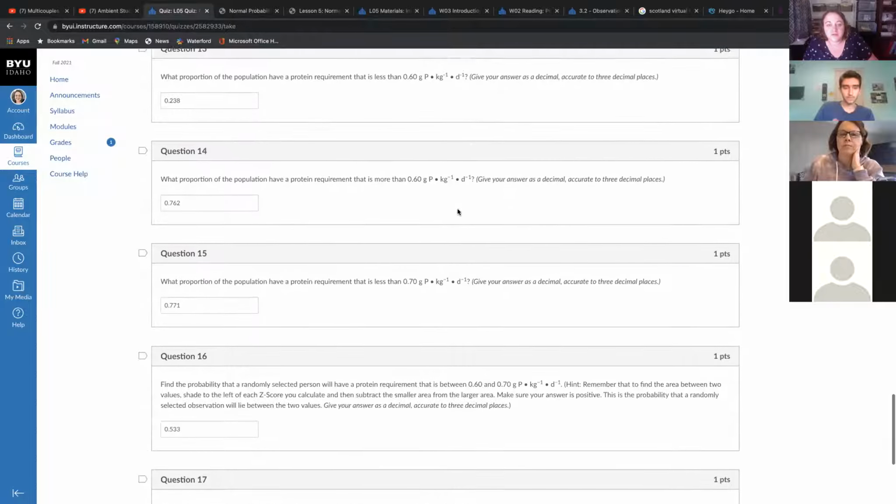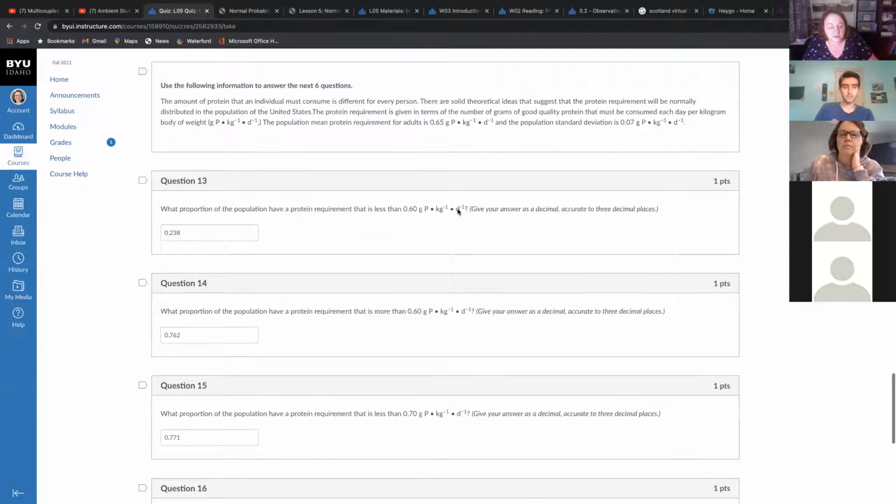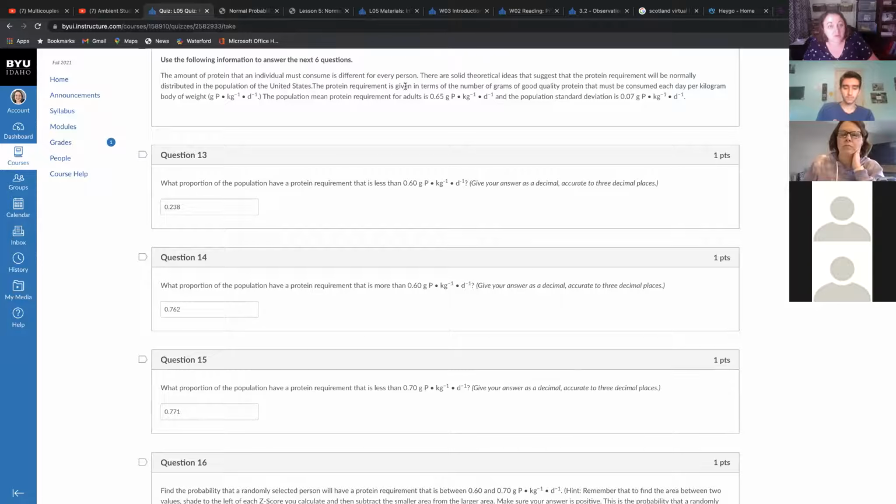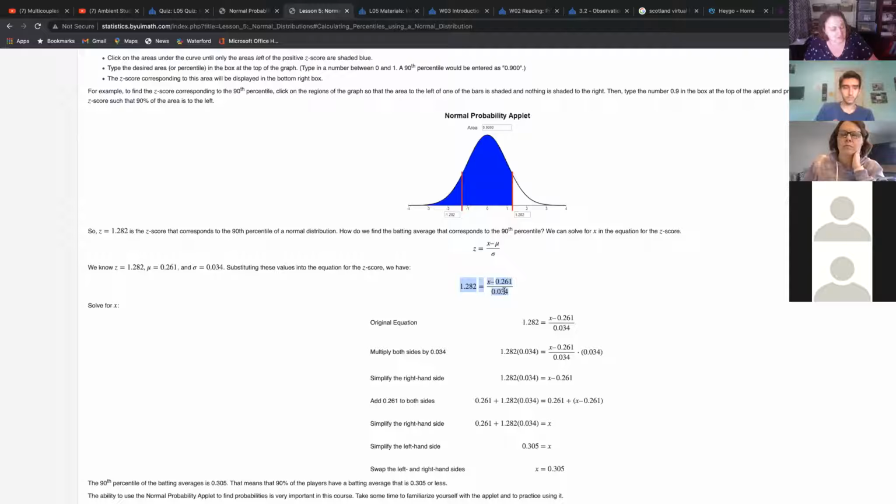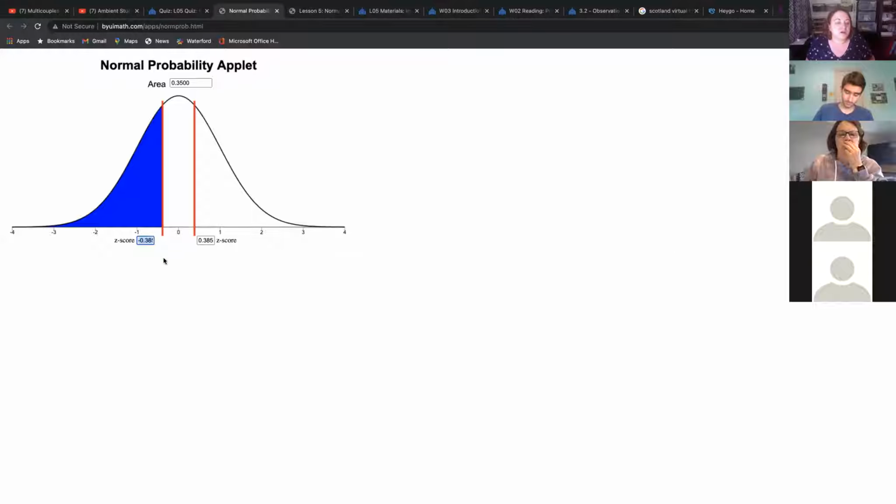Is it 6.5? And then divide it by the 0.07. Is that right? What was the Z-score that you got for that? I think it's 0.0385, but I think it's the negative. Yeah, it should be.